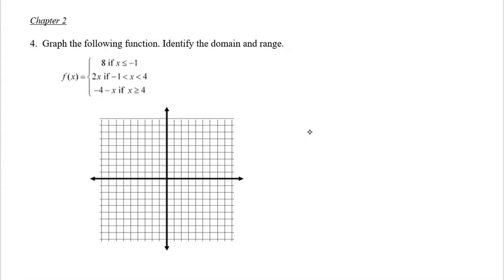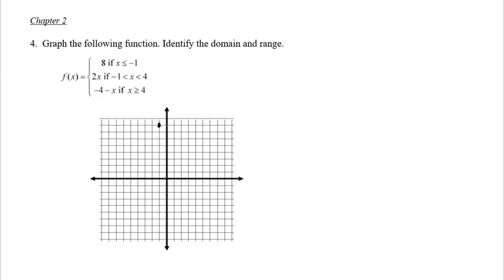1, 2, 3, 4, 5, 6, 7, 8. That's right here near the top. But according to this, I'm only showing the line where the x-coordinates on that line are less than or equal to negative 1. Okay, so here is where x is negative 1 on that line. And I'm only showing the line where the x values get lower, less than negative 1.